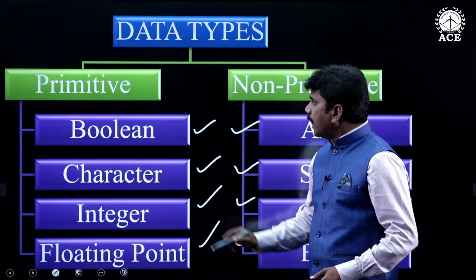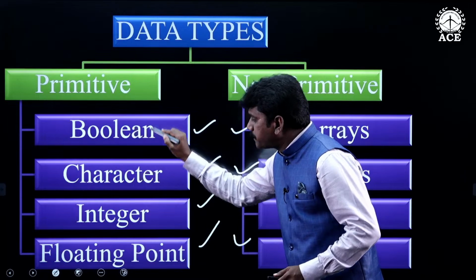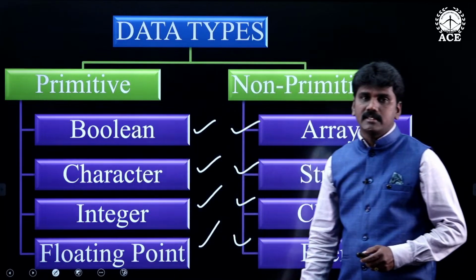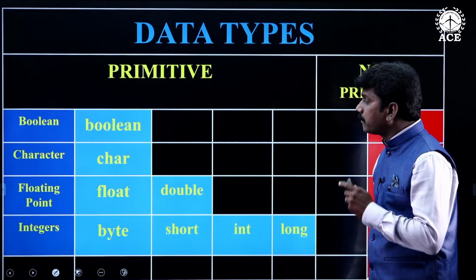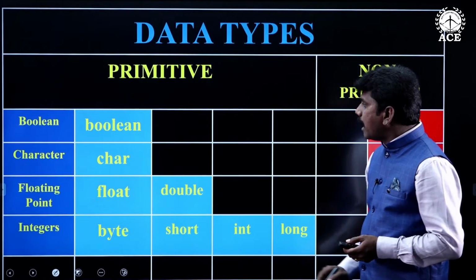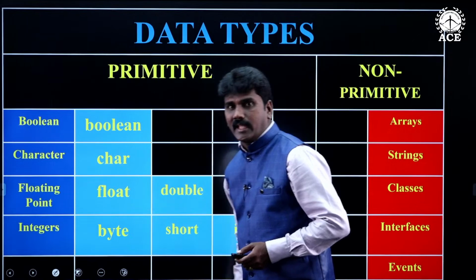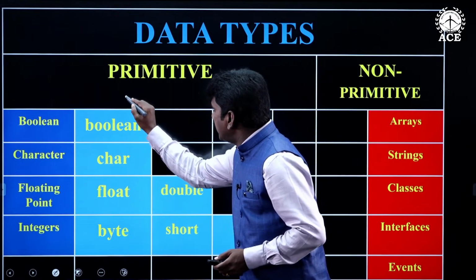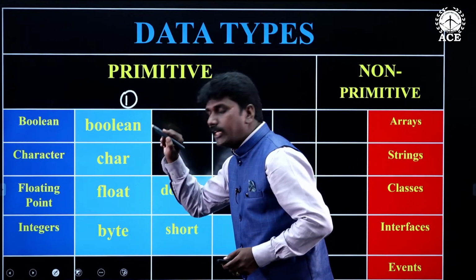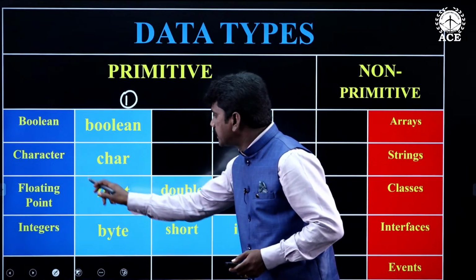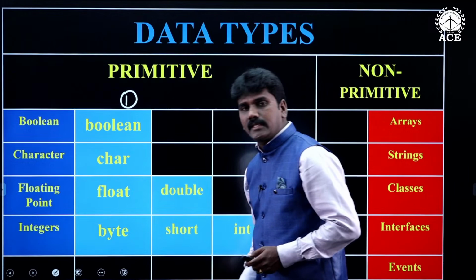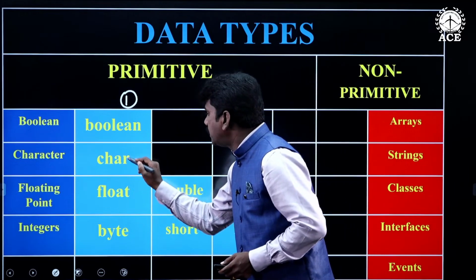The primitive data types are essentially four categories. Under the Boolean category, we have a single data type, that is boolean. Next, the second category is character, and under this we have one data type, that is char.